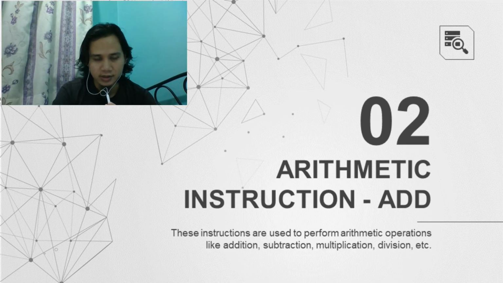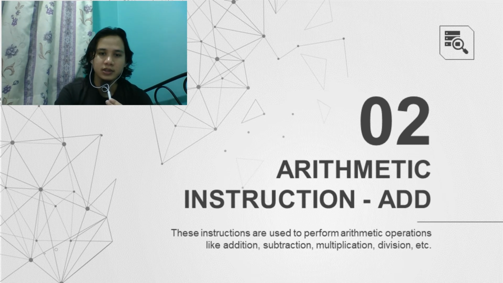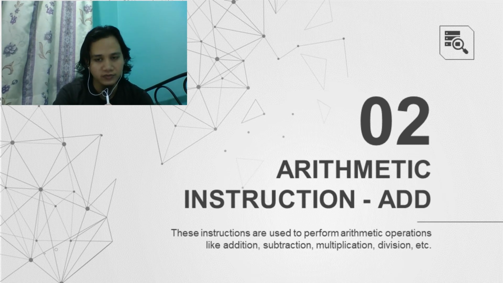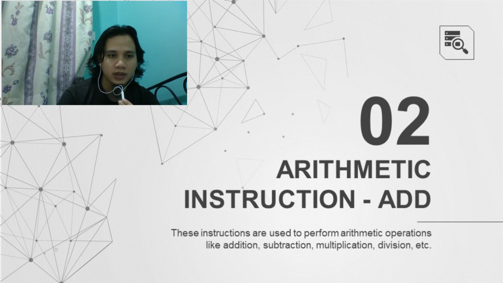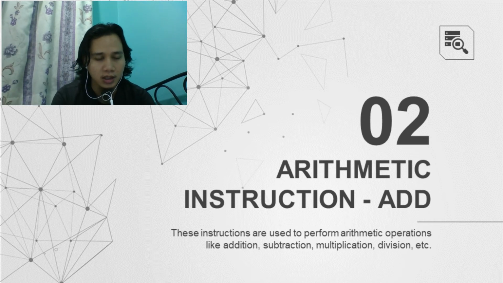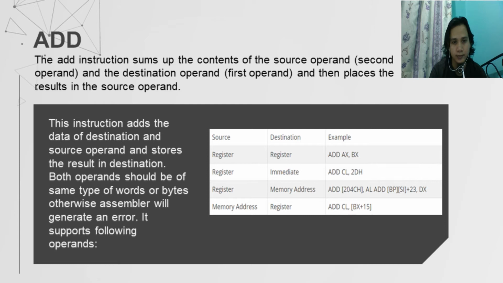Next, for the second part, we have the arithmetic instruction, which is ADD. Arithmetic instructions are used to perform arithmetic operations like addition, subtraction, multiplication, and division. In this part we will talk about ADD.